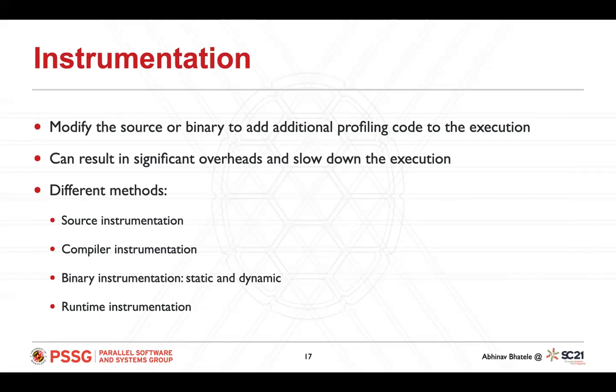Compiler instrumentation is where the compiler automatically adds some code while it compiles the program into an executable. Binary instrumentation refers to modifying the binary either statically or dynamically to add profiling code for the execution. And finally, runtime instrumentation refers to modifying the program at runtime in specific parts of the code.